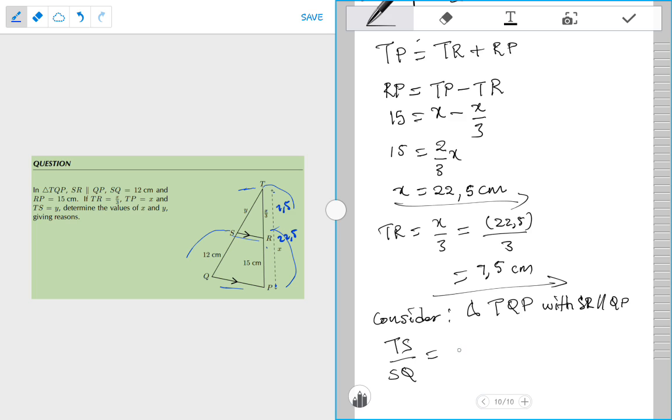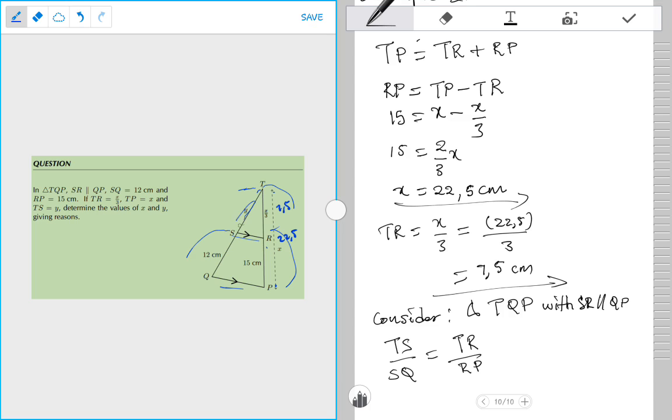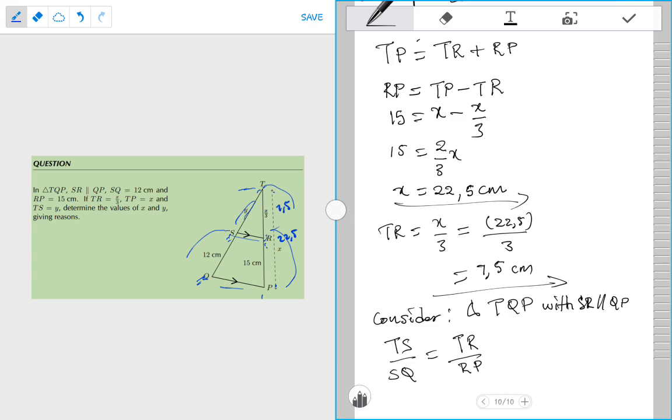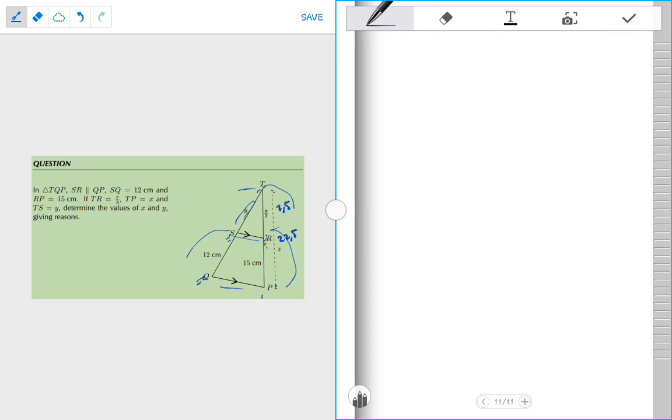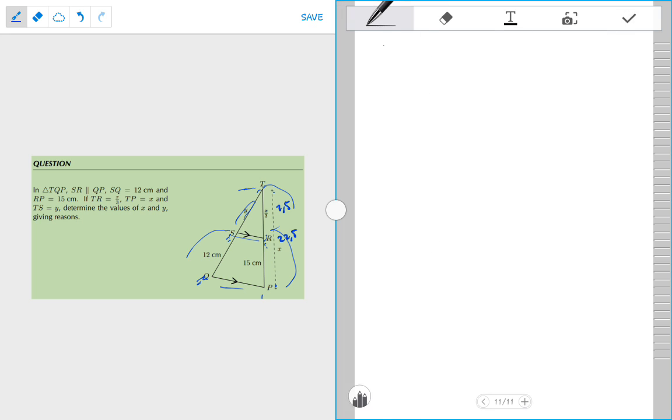We want TS, and we have SQ and TR, and our TS is Y.